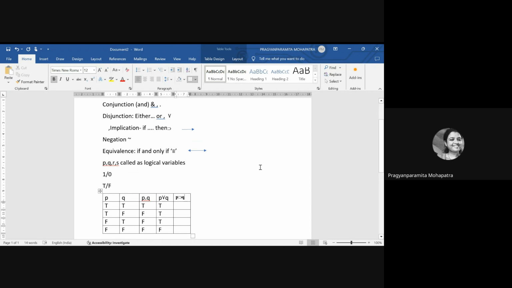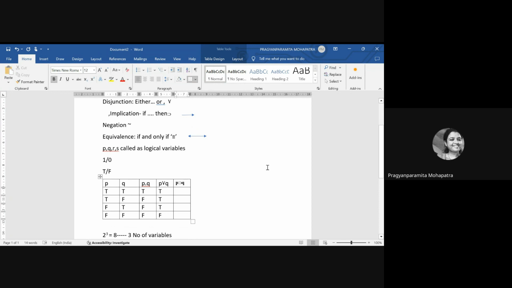Here in this particular proposition, 'he is a cricketer' is the antecedent and 'he is famous' is the consequent. So here antecedent is P and consequent is Q. Okay.